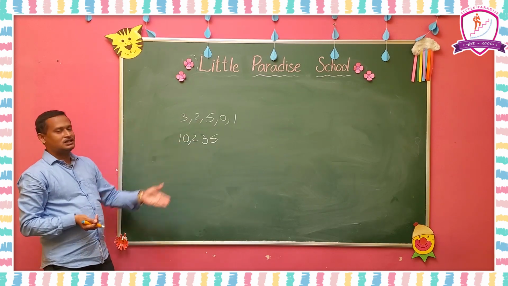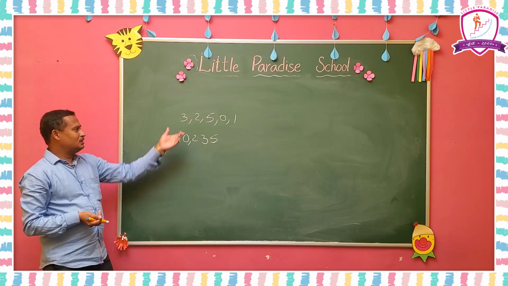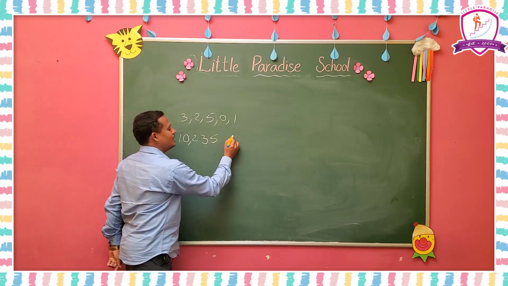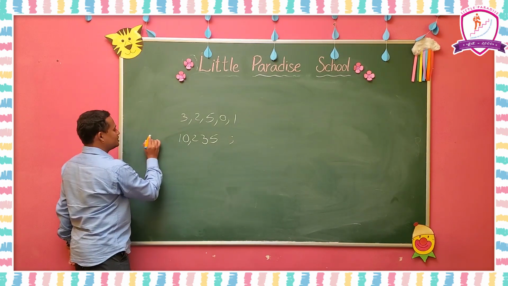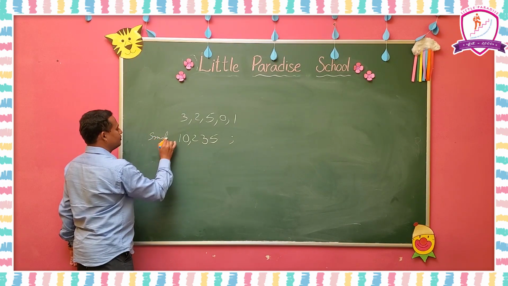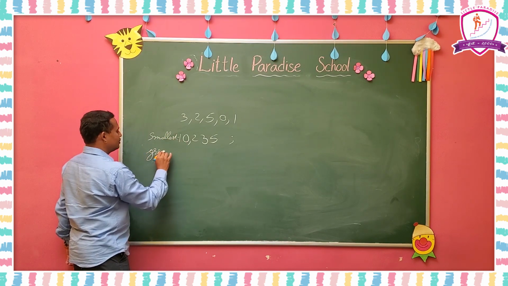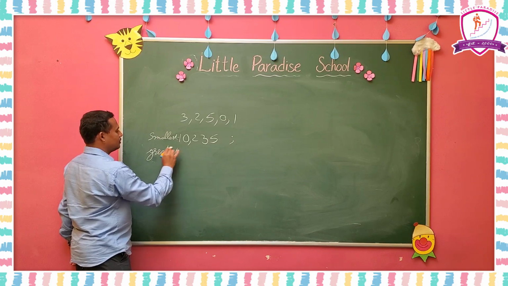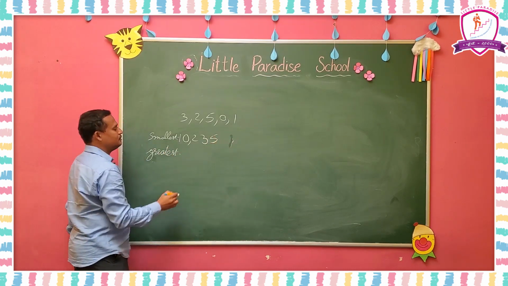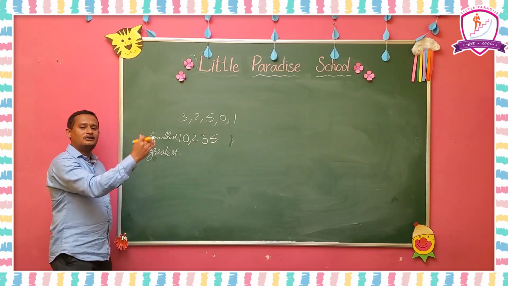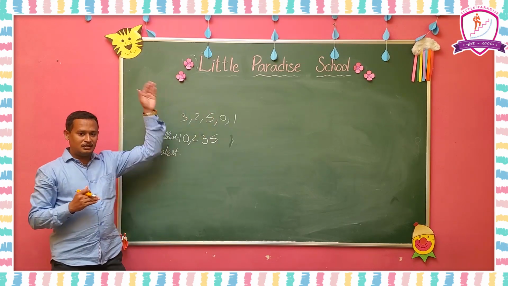What is the greatest 5-digit number using the given digits? Greatest number means big to small, you have to arrange the given numbers from big to small.